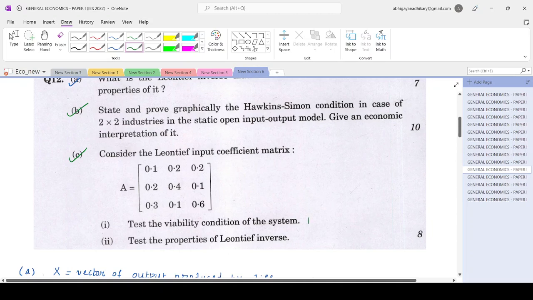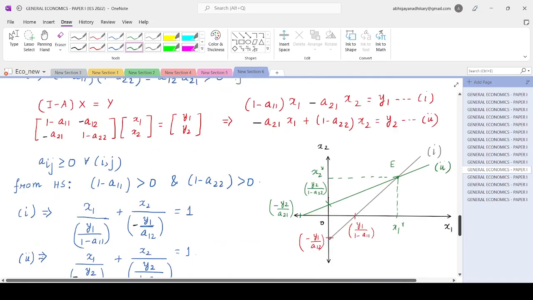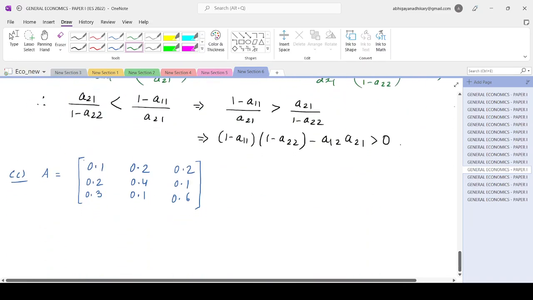Viability of the system means going in for the Hawkins-Simon conditions, and the properties of the Leontief inverse is basically the power series approximation property. This is basically what they're trying to tell us. So this is the A matrix.